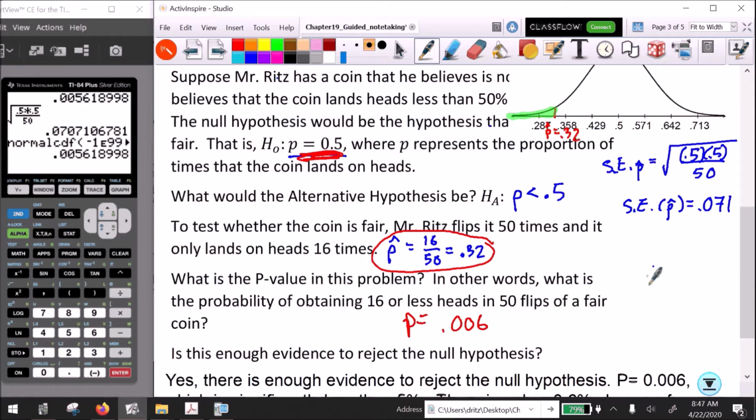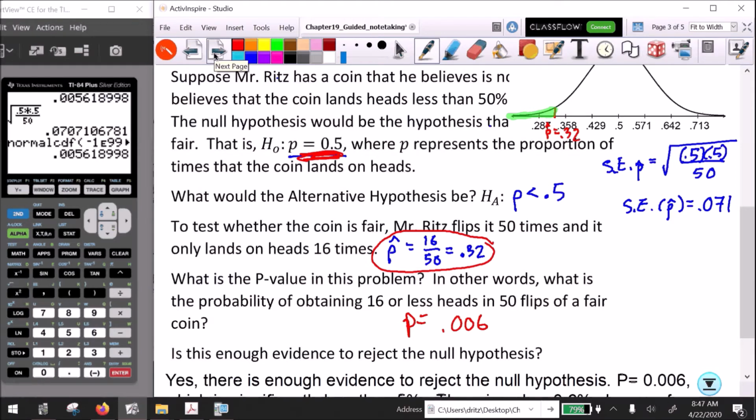You then calculate the p-value, which is the probability of obtaining a sample result of that distance from the mean or further, and then interpret that p-value. If the p-value is less than 5%, that's usually enough evidence for us to say that our null is false. So we usually set the significance level of these hypothesis tests at 5%, but it could theoretically be any significance level. It could be 1% or something else.